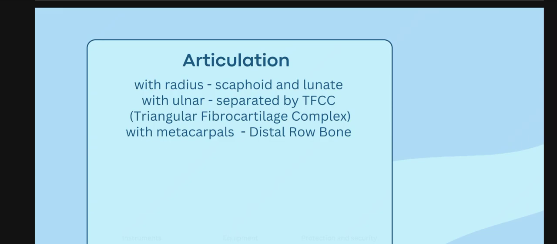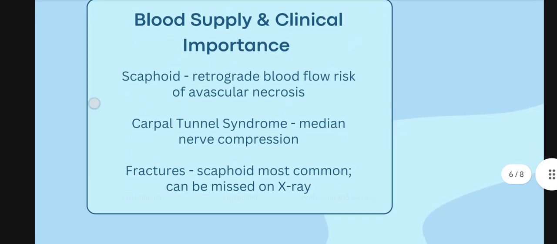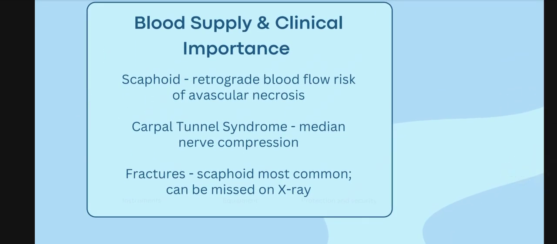With metacarpals, that is the distal row bones. Then blood supply and clinical importance. Scaphoid has retrograde blood flow, with risk of avascular necrosis. Then carpal tunnel syndrome, median nerve compression. Carpal tunnel syndrome was already discussed in a video, you can check that also. Fractures: scaphoid is the most common, and can be missed on X-ray.